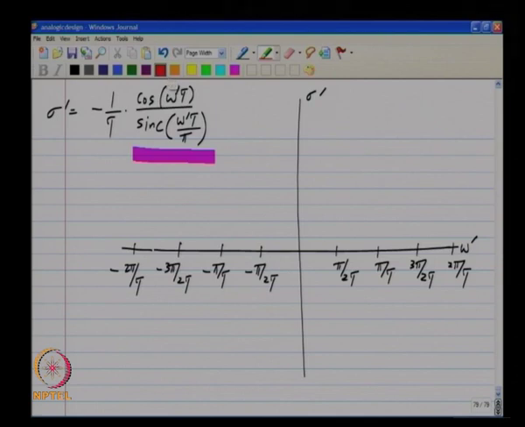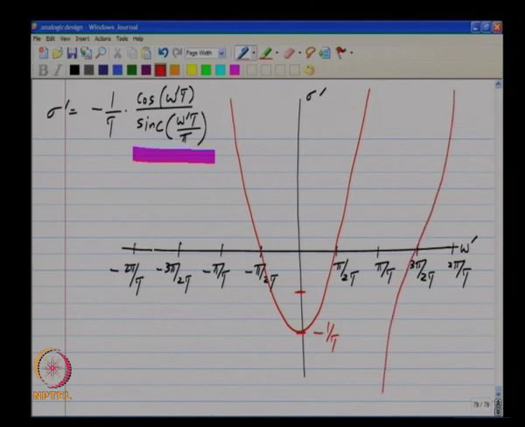So, our function starts from minus 1 by tau and it goes through 0 at these values pi by 2 tau, and then it jumps from plus infinity to minus infinity and does something like this.